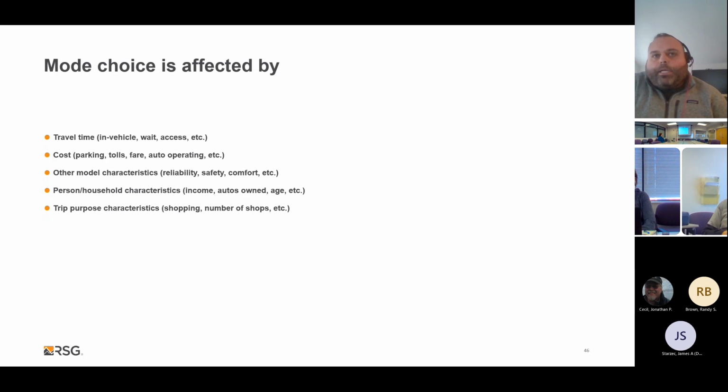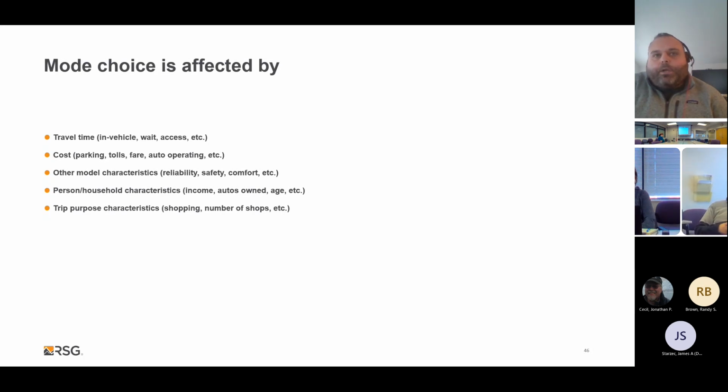Yep, I agree, and I think the challenge, of course, is linking the estimation data set up with that. So designing your estimation data that you're going to be using to estimate mode choice in such a way that you're able to capture that. And that can be the challenge in some of these mode choice models, is that in order to estimate the mode choice model, you need to make sure that your estimation sample is capturing all these different variables.